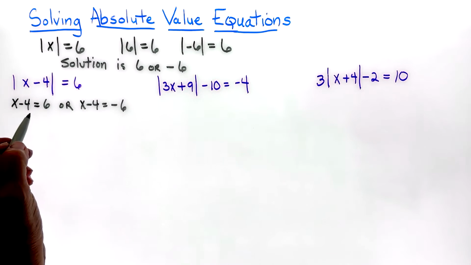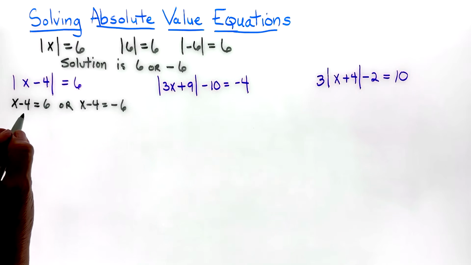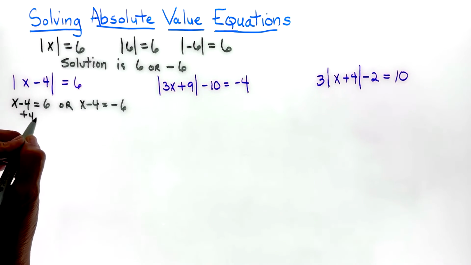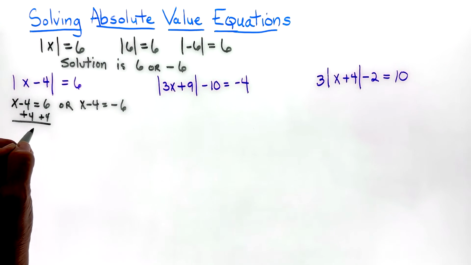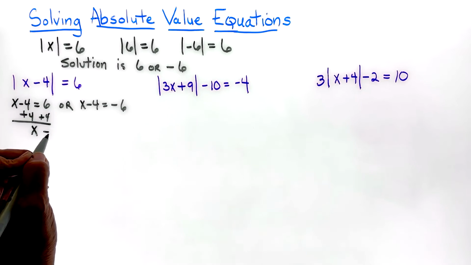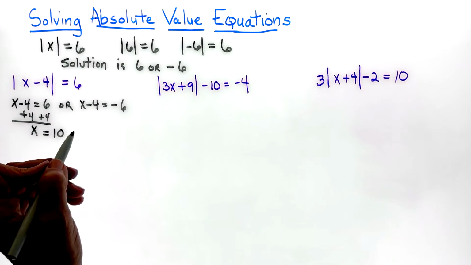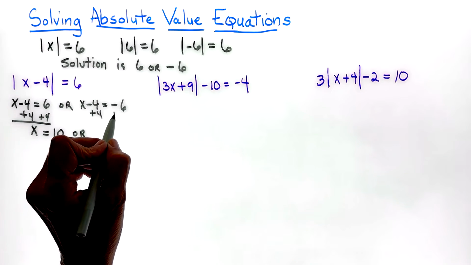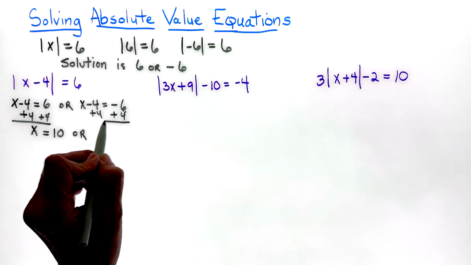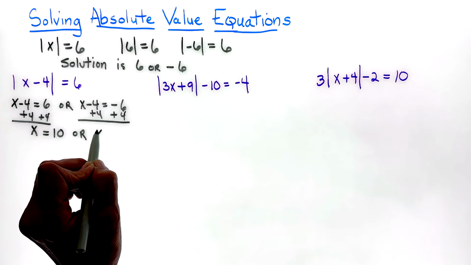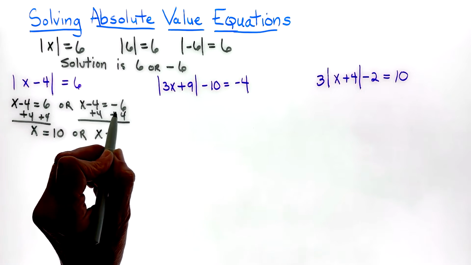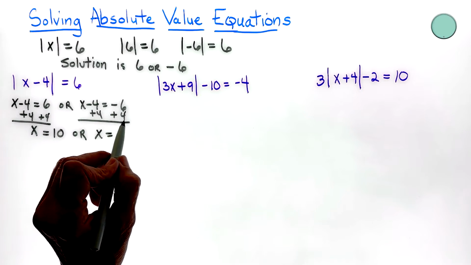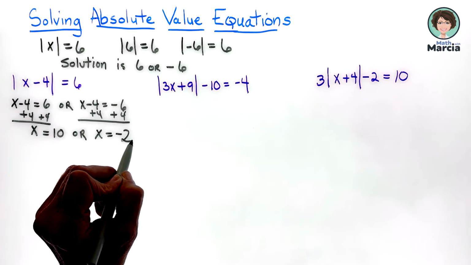Now we're just simply solving it. We're going to add 4 to both sides. So x could be equal to 10, or I have to add 4 to both sides on this side. X would be equal to a negative 6 plus 4, which is a negative 2.